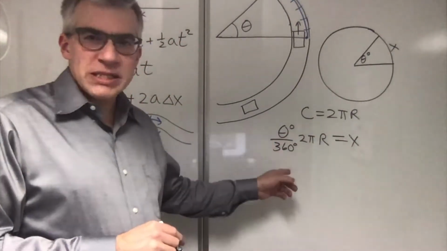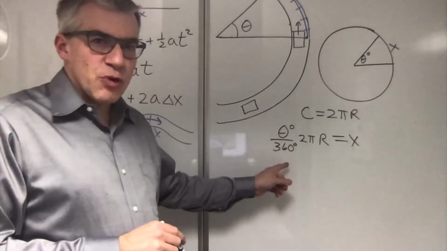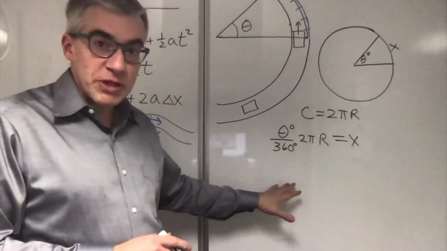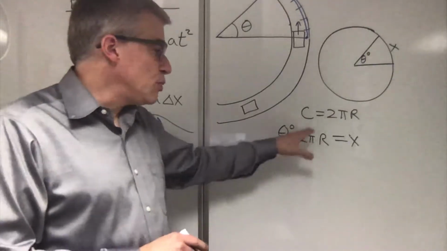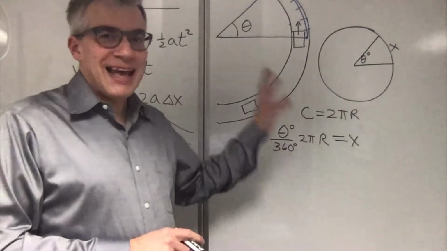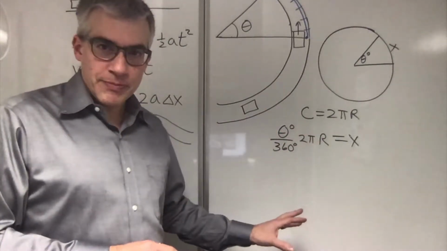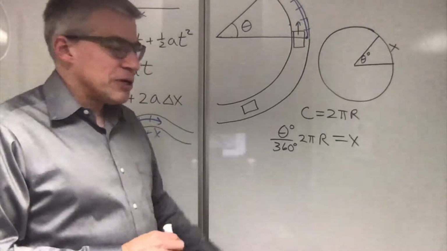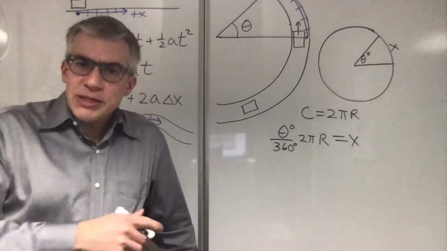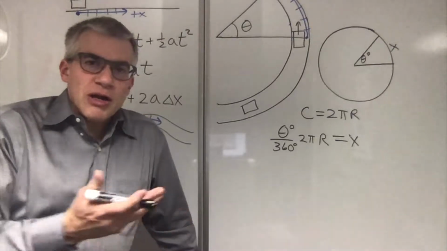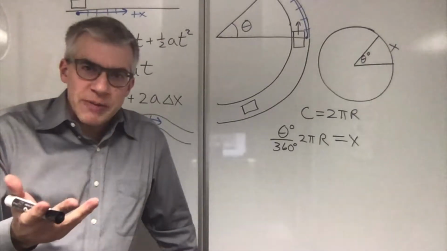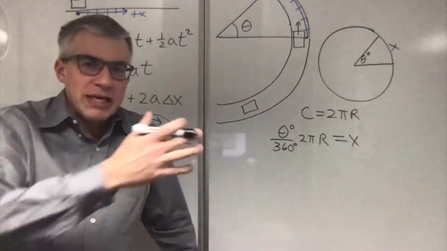However, this is messy. I want to use this formula to derive a whole bunch of other formulas, and I'd really rather not have 2 pi over 360 degrees hanging out in every single one of them. Is there any way we could get rid of that? Well, degrees, why are they there? The degrees are arbitrary. It was like Babylonian or something. 360 ways to cut a circle.